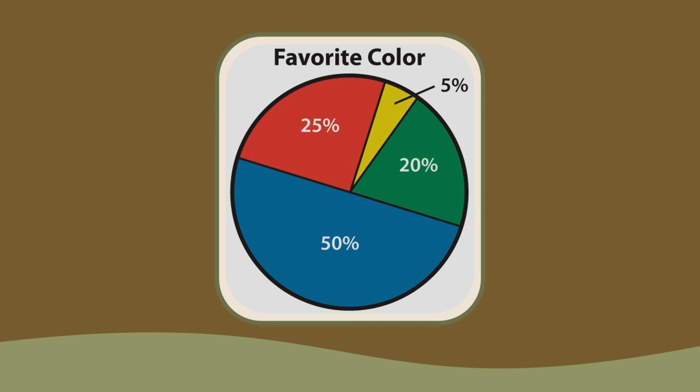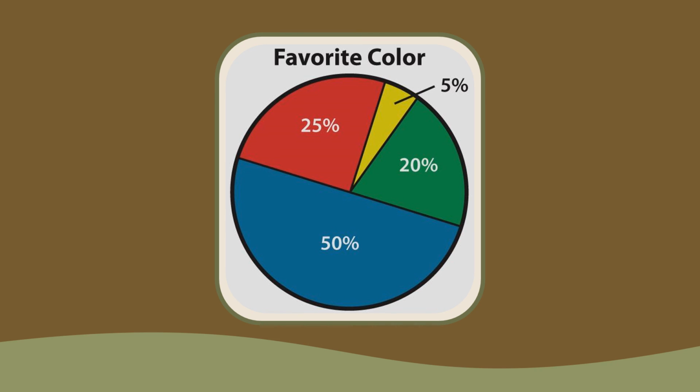Now, just to wrap up, I want to show you a couple of quick pictures. This circle right here, this graph, shows you different percents that all totaled up equal 100. And again, I'm showing you this just to remind you that when we're talking about percents, we are talking about out of 100.